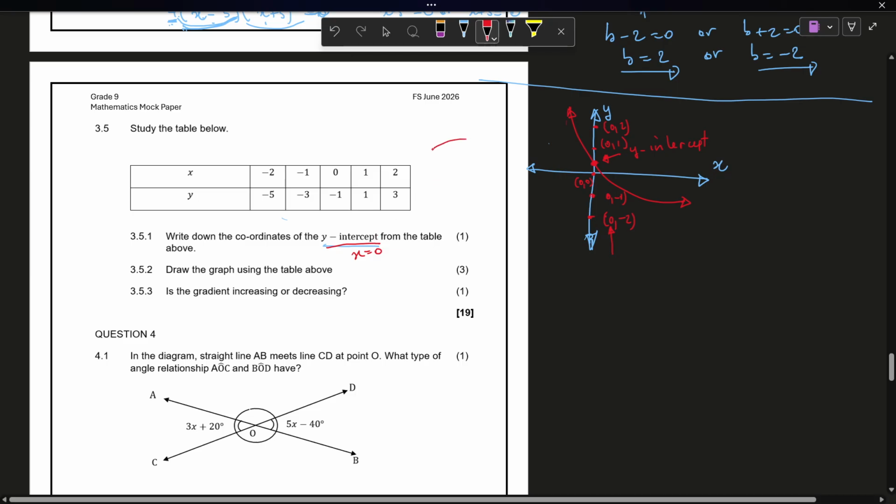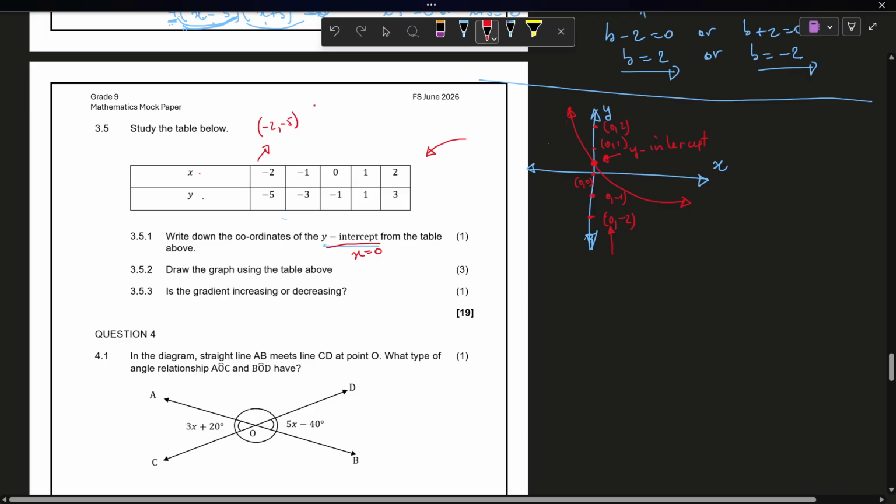So let's come back to this table. In this table, we've got the value of x and the value of y. And each pair gives us basically the coordinate of a point. Like in this case, this produces a pair which is negative 2, negative 5.